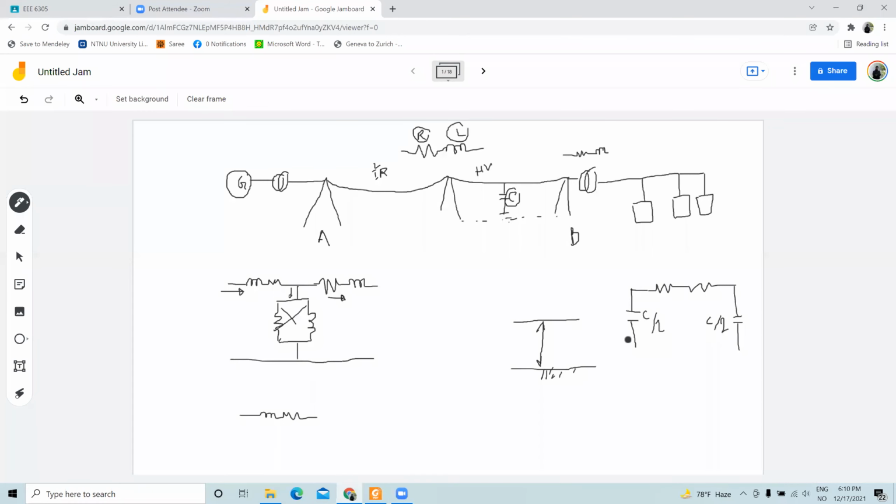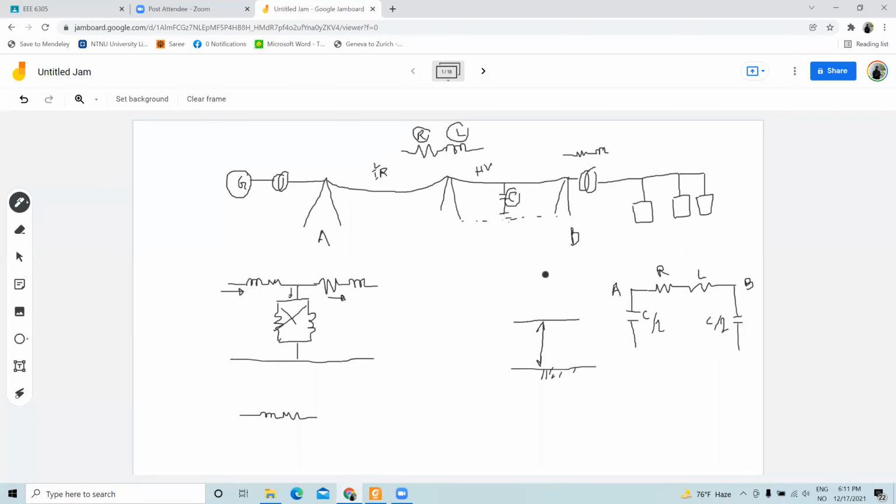The whole network goes from point A to point B. Whatever you have in the transmission line, you can represent using lumped components like resistance R, inductance L, and a capacitor divided into two parts placed at two places. A is the sending end and B is the receiving end. This is called the lumped representation.